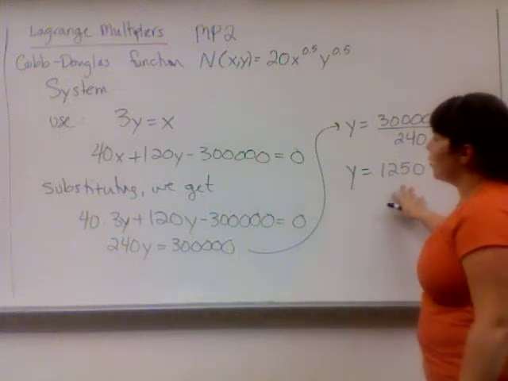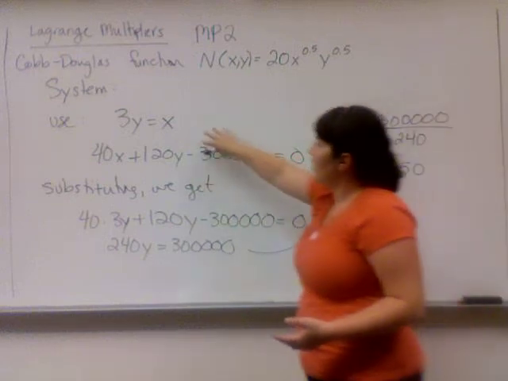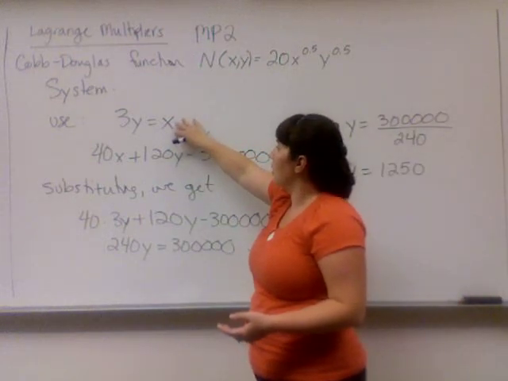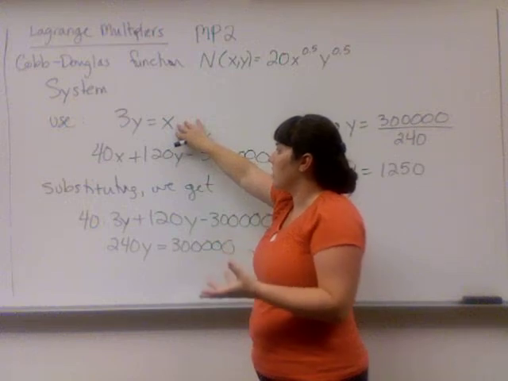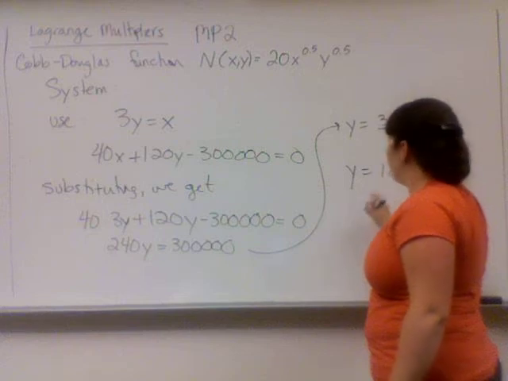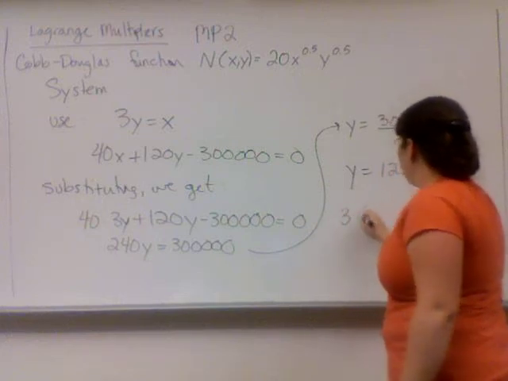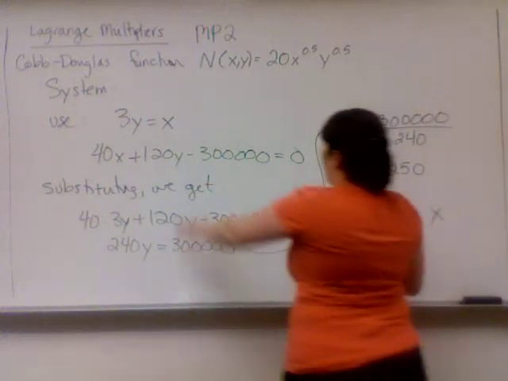And notice that we can use any of the equations we like that are a relationship between x and y. But I think this one right here is going to be the simplest one. Remember, that's the one that came from using those first two lambda equations together, right? So this will help us here. If we know y is 1250, well, then 3 times y has to be x, right? That's what this equation says here.